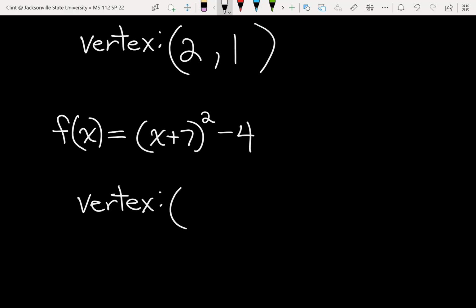So our x coordinate is going to be negative 7. And then our y coordinate, what's it going to be? Negative 4, yeah, you just keep the sign there. So you just change the sign of whatever's with the x, and then keep the sign of whatever's on the outside. It's the vertex.